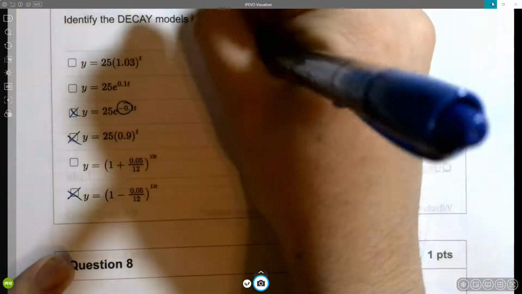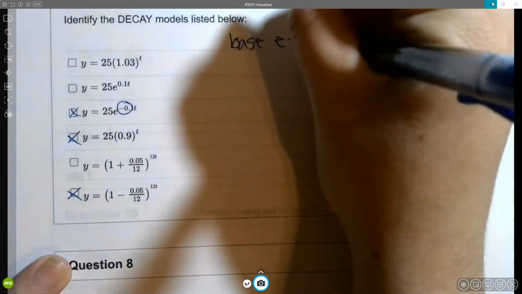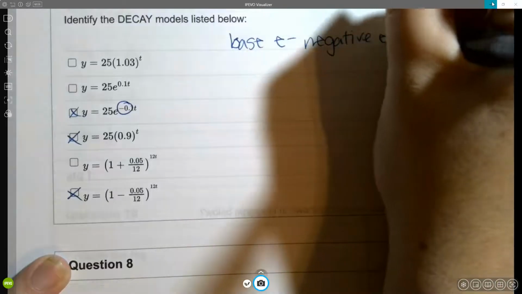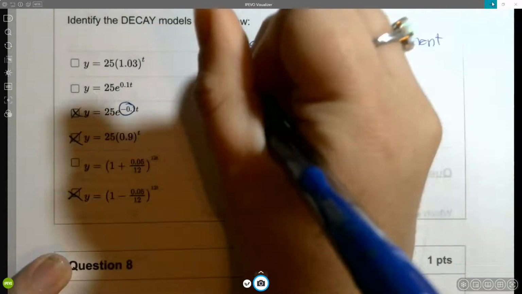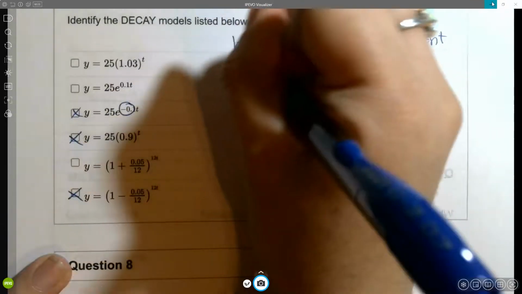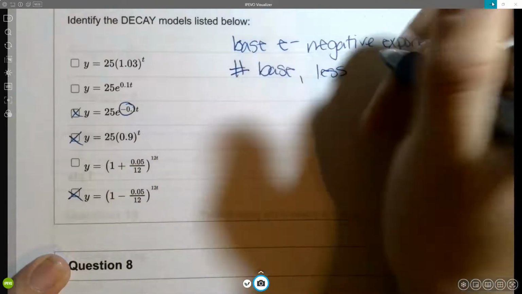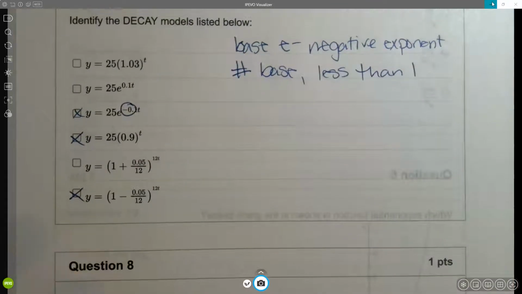So base e, negative exponent. And if it's a number base, less than 1. And these are for decay. If it was for growth, it would be a positive exponent and more than 1.